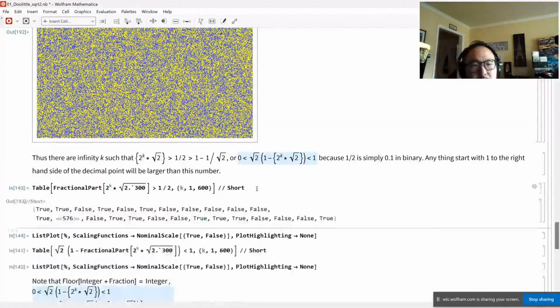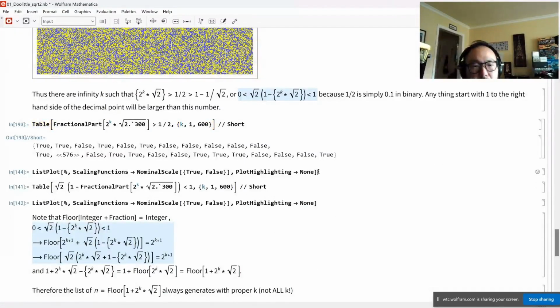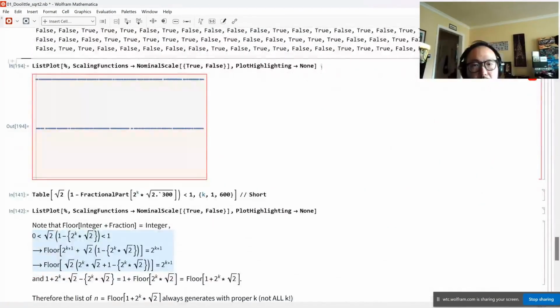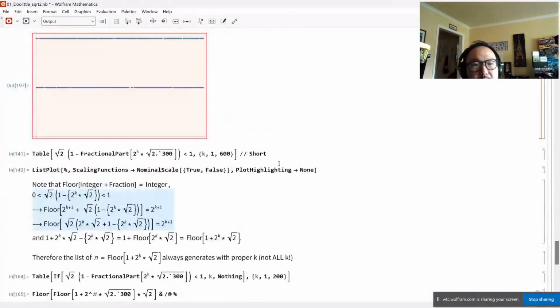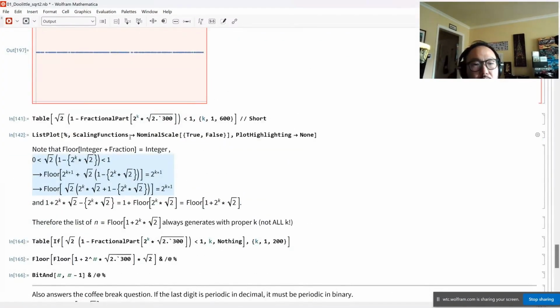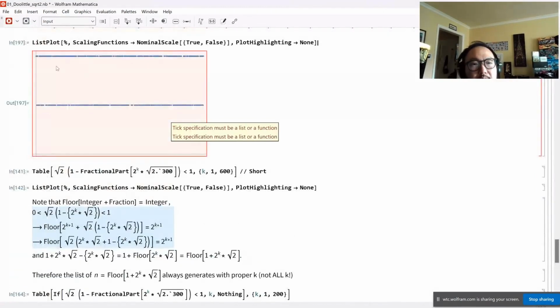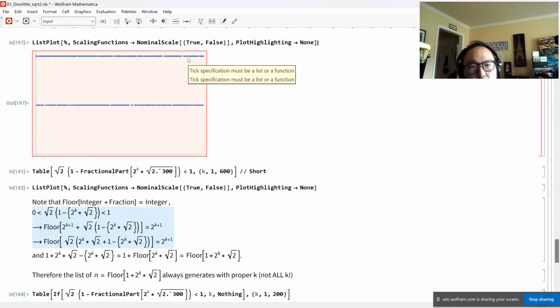So that one, we can take a look at it, is true and false. And we can plot that. We skip that, but eventually you will see whether there is an infinite number of ones and zeros in the list.